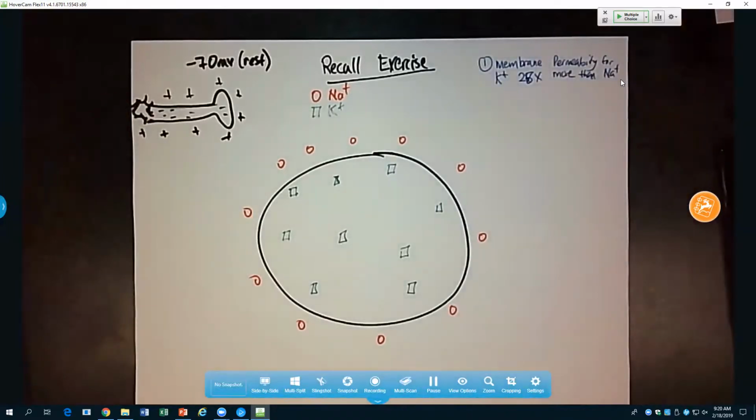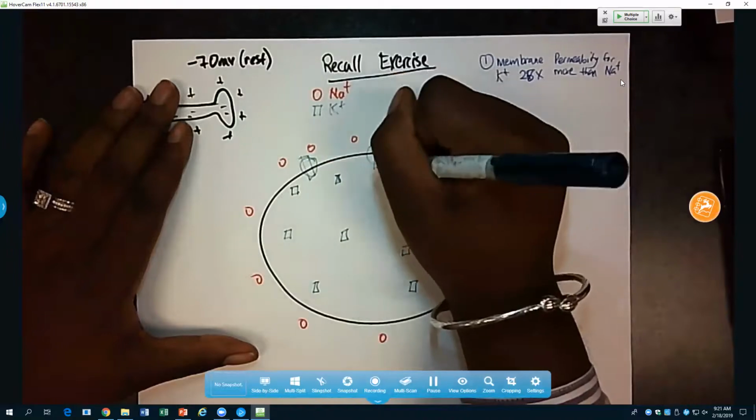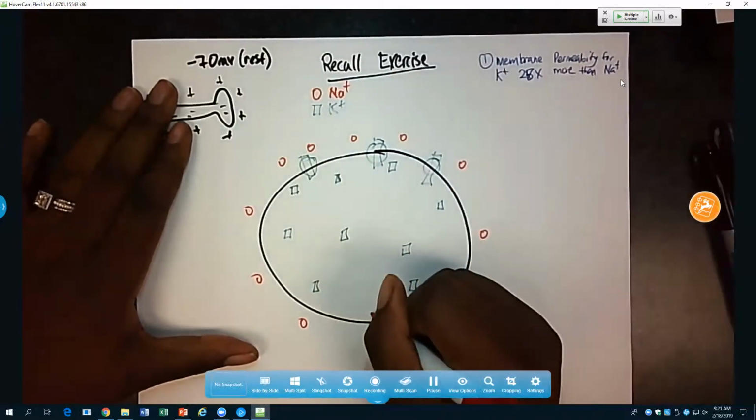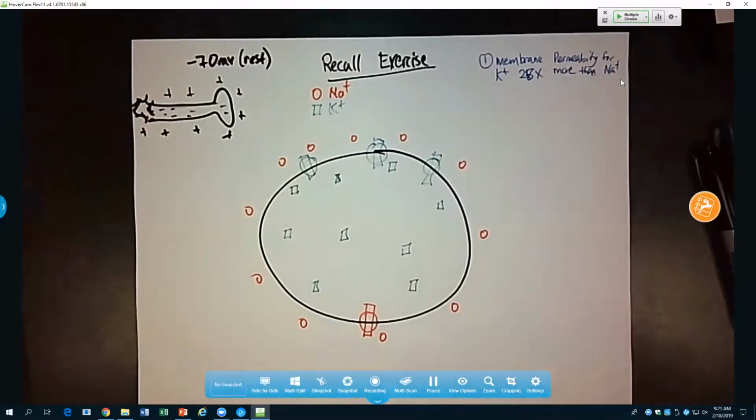What did that mean? What did that 25 times more mean in terms of increased permeability? We spoke about this. 25 more channels. Right, more channels, perfect. So there were more channels for potassium. Let's draw 3 of them here, versus channels for sodium. So we got 1 sodium channel compared to our 3 potassium channels, right?